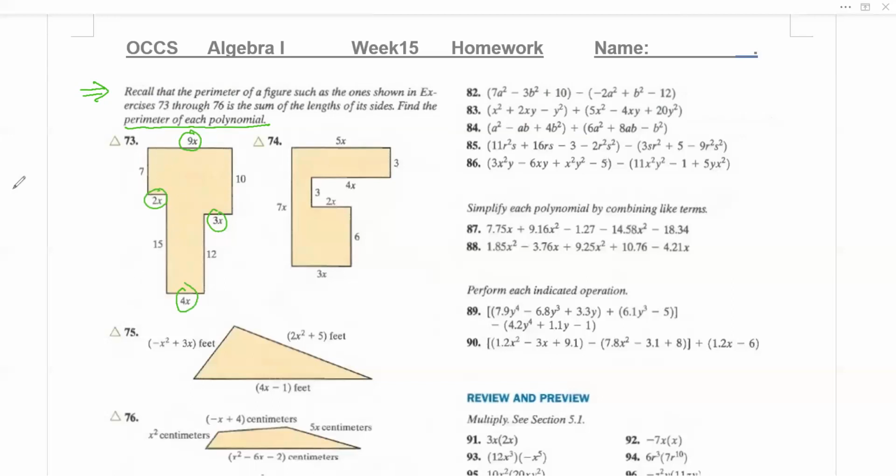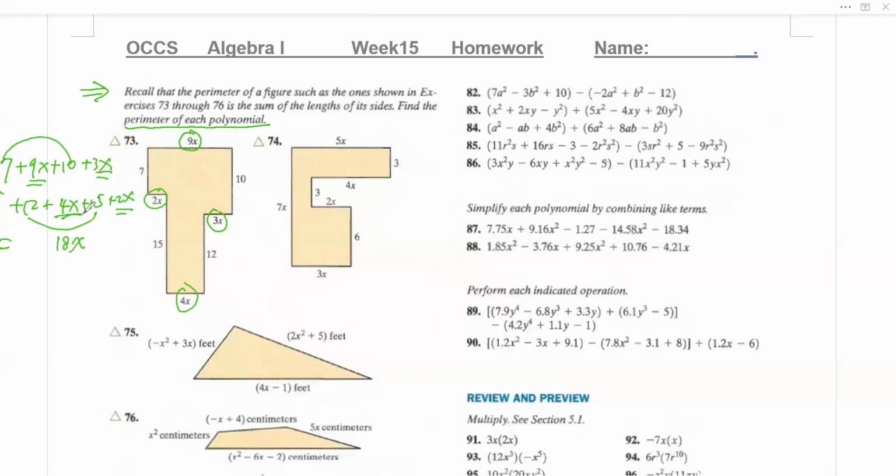If you put it together here, it's 7 plus 9x plus 10 plus 3x plus 12 plus 4x and 15 plus 2x, right? So this part is like terms, and here is like terms as well. So you can get 12 plus 6, so you got 18x, right?